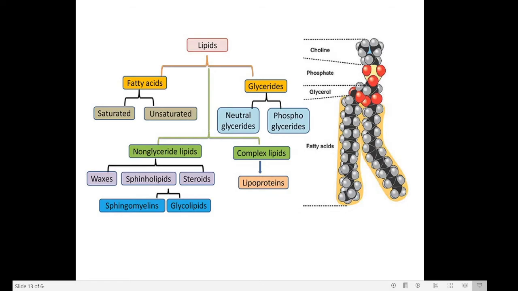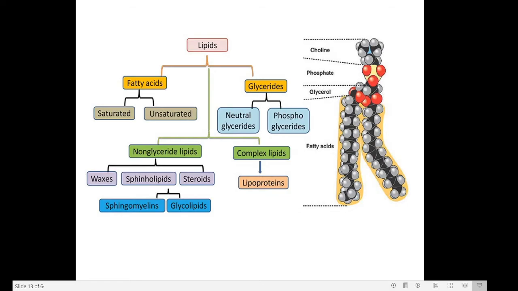Then glycerides are neutral glycerides and phosphoglycerides. They have two types. Another one is non-glyceride lipids and complex lipids. The non-glyceride lipids we can divide into three types: wax, sphingolipids and steroids.